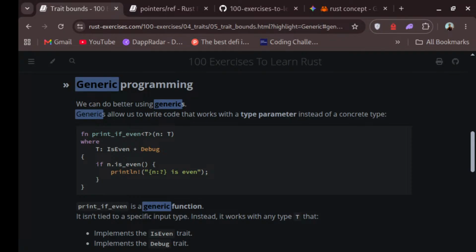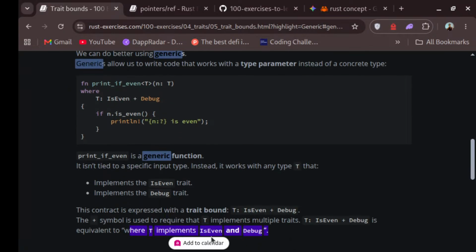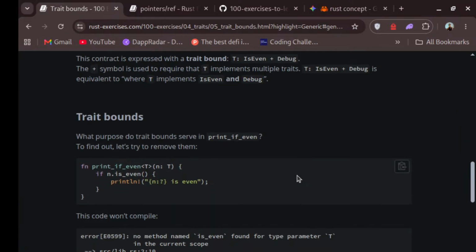They are saying the contract is expressed with the trait bound T: IsEven + Debug. The plus symbol is used to require that T implements multiple traits, IsEven and Debug. T: IsEven + Debug is equivalent to T implementing both.